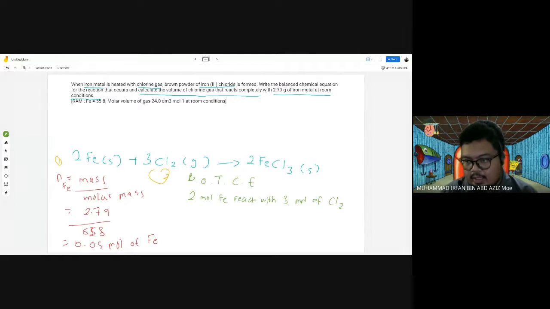Okay, and then you find that 0.05 mole of Fe, the ratio is 2. So how much of Cl2 will react with 0.05 tu? Is 0.05 divided by 2, yes. And then answer times by 3, yes, betul. Okay, find dulu ratio dia for every one tu, every one ratio ni. So 0.05 divided by 2, sebab dia 2 kan, you will get apa?